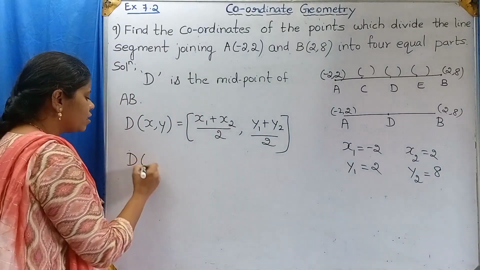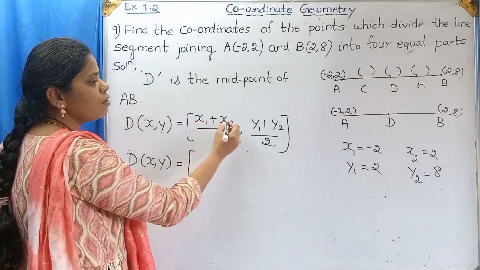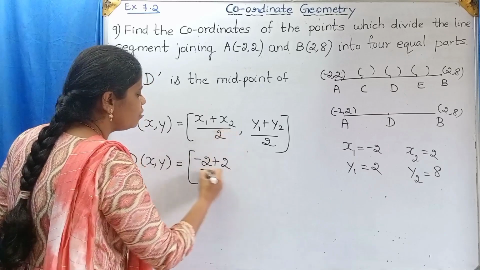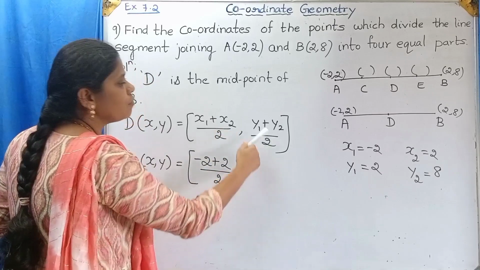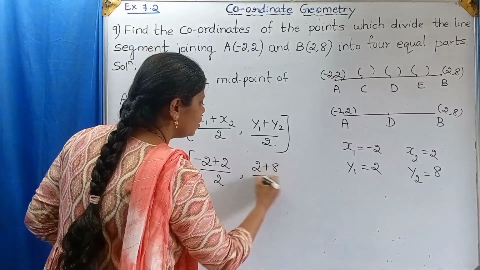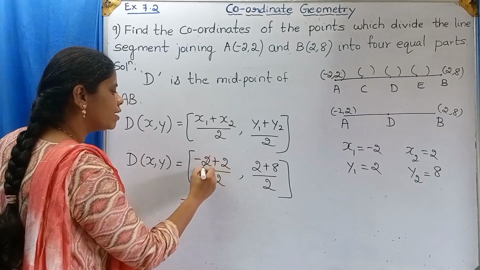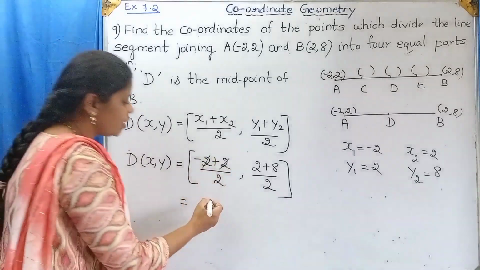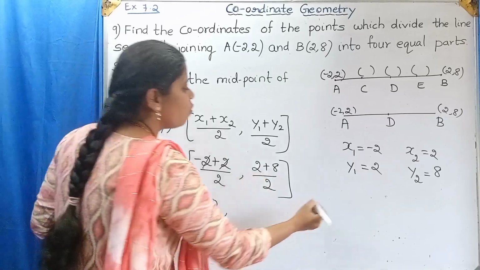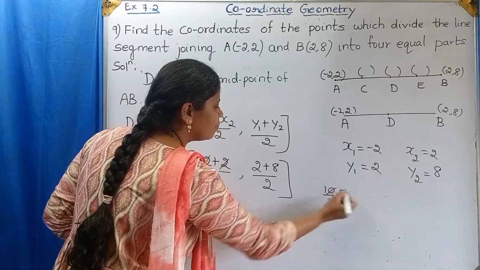D of xy is equal to x1 plus x2, that is -2 plus 2 divided by 2, comma y1 plus y2, that is 2 plus 8 divided by 2. -2 plus 2 will get cancelled, that is 0 by 2 is 0, comma 2 plus 8 is 10. 10 divided by 2 is 5.